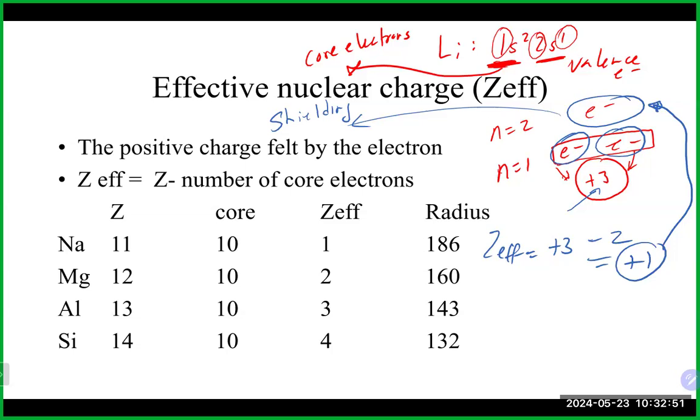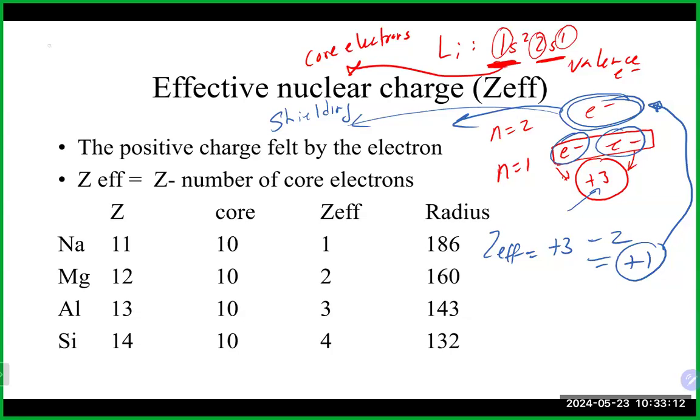That's also why this is our valence electron that will go off and participate in bonding when lithium is involved. So all valence electrons and outer electrons experience some type of shielding and this Z effective situation.